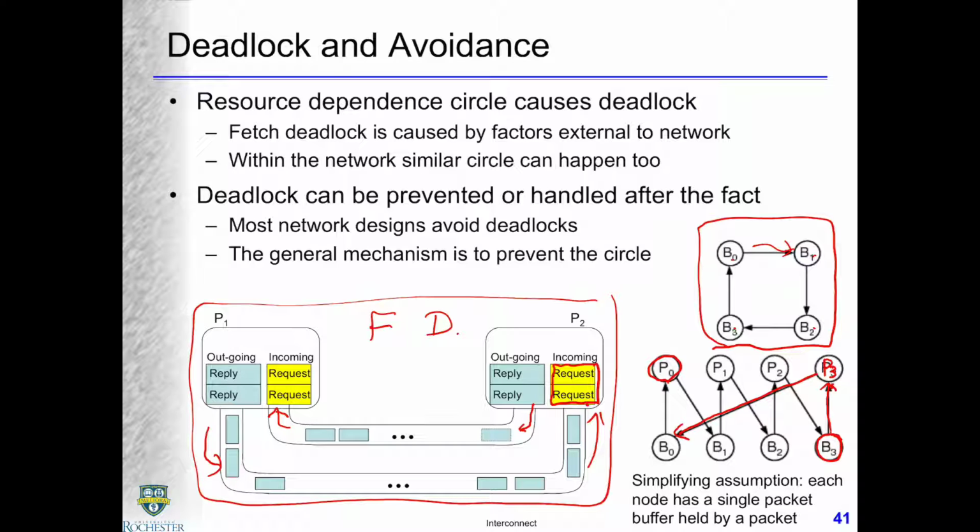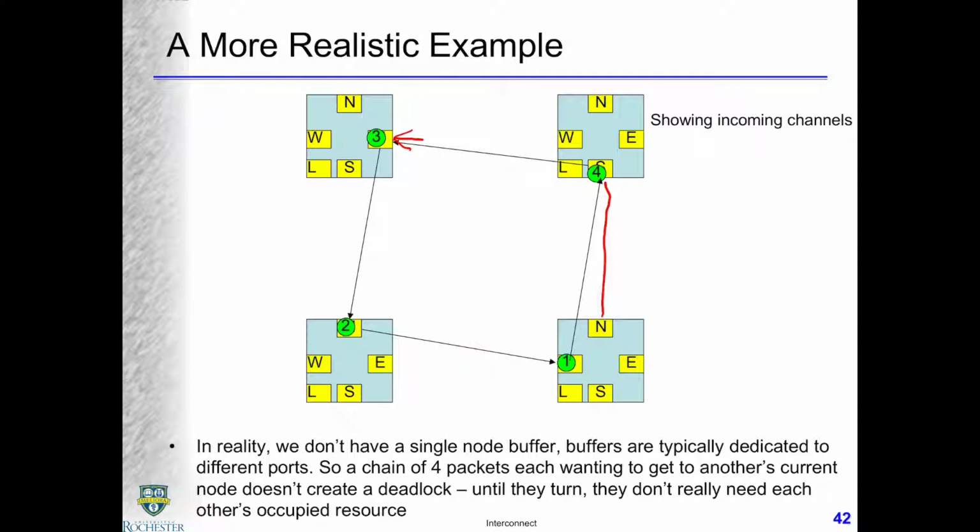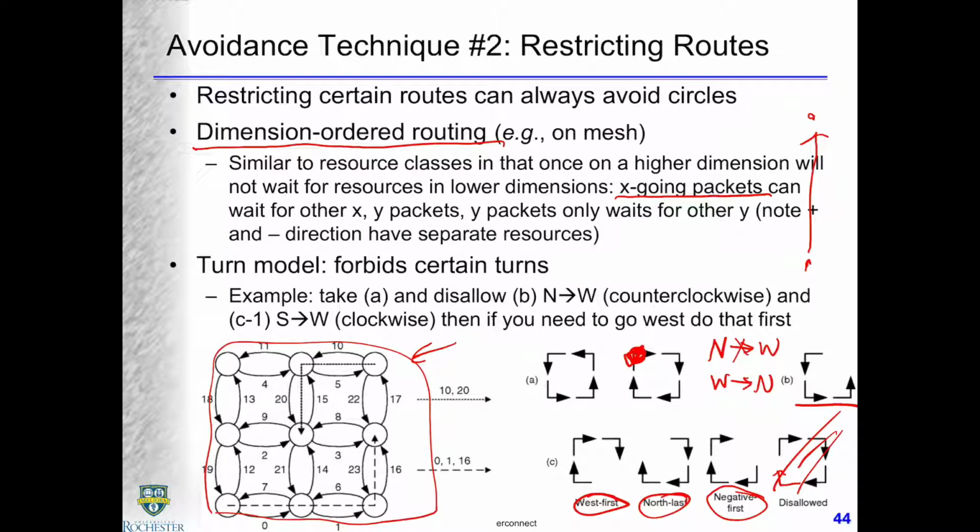Fetch deadlock is a different story, right? It involves the nodes themselves not taking packets off the network. So if your system implements a mechanism to prevent fetch deadlock, then dimension order routing will not get you a deadlock.